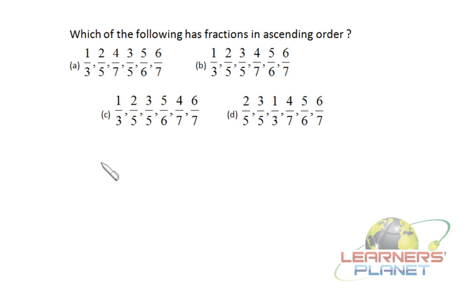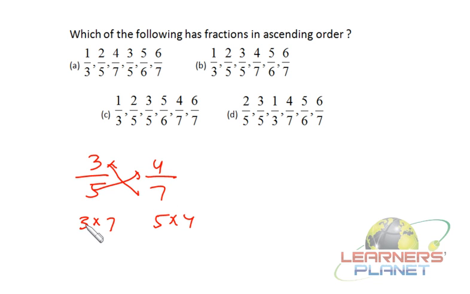Suppose I have two fractions, 3 by 5 and 4 by 7, taken from the question itself. We can find out which fraction is bigger even by cross multiplication. So it's 3 into 7 here and 5 into 4 here. So this is 21 and this is 20. That means 3 by 5 is greater than 4 by 7.